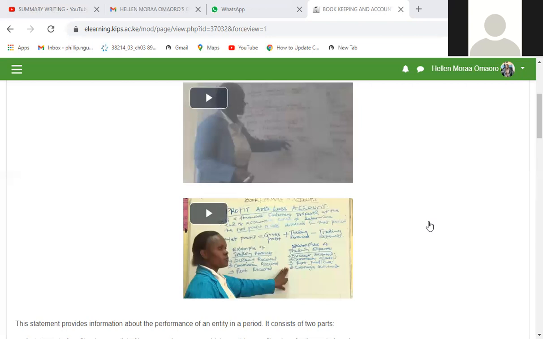So carriage inwards increases purchases. Return outwards decreases purchases. So for us to get the net purchases, it is the purchases, we add carriage inwards, then we less return outwards.